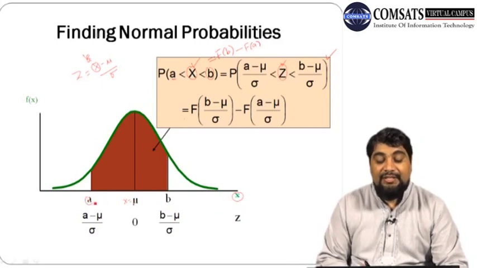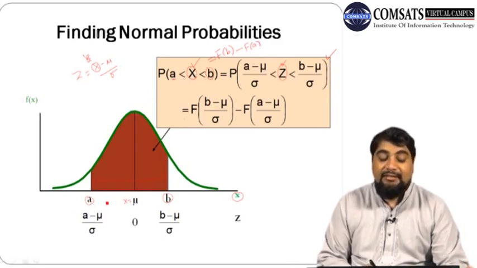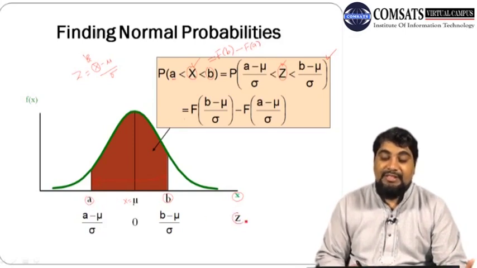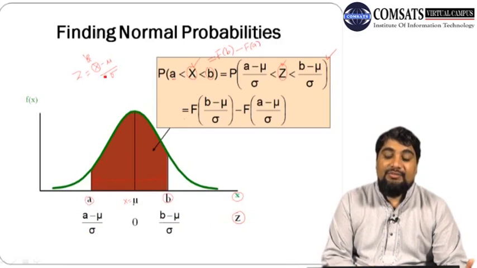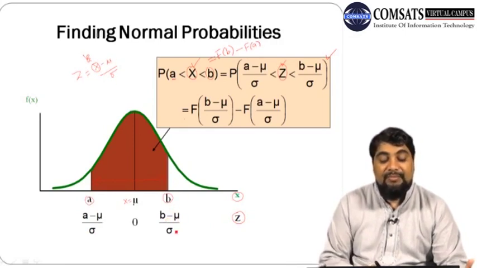Suppose we are interested in finding the probability between a and b, or finding the area within these two limits. In order to calculate this area, we can convert a and b into new units. Let us introduce a random variable z, which is x minus mu over sigma. So b becomes b minus mu over sigma, mu will now be 0, and a will be a minus mu over sigma.